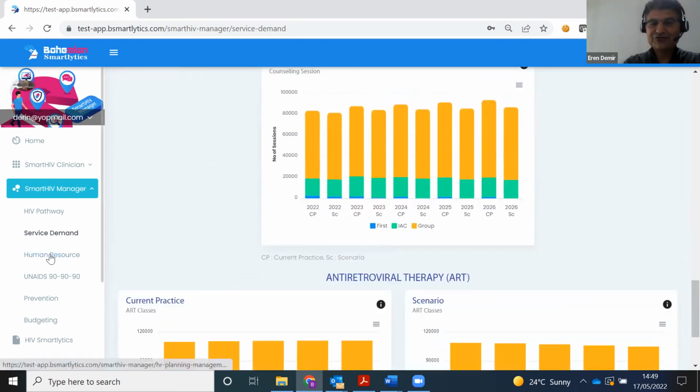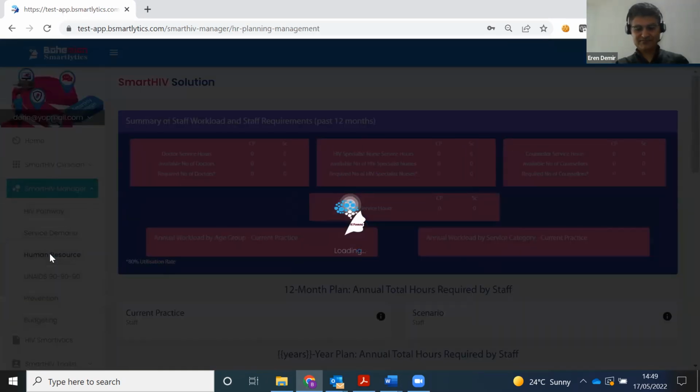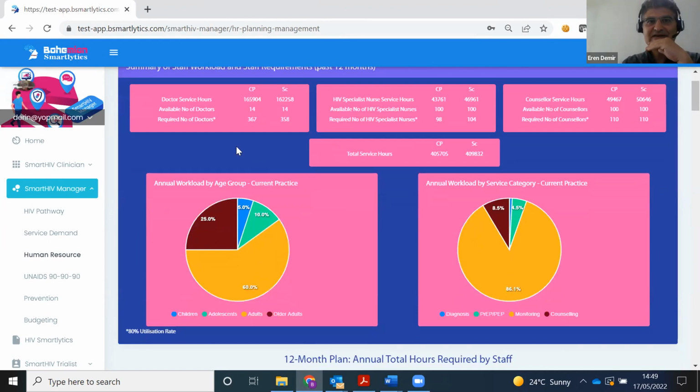What about your staff requirements, human resource needs? So we expect about 166 hours of doctors' time, clinicians, healthcare professionals treating patients. In the case of scenario 2, there's a bit of a reduction because of new infections we're preventing.